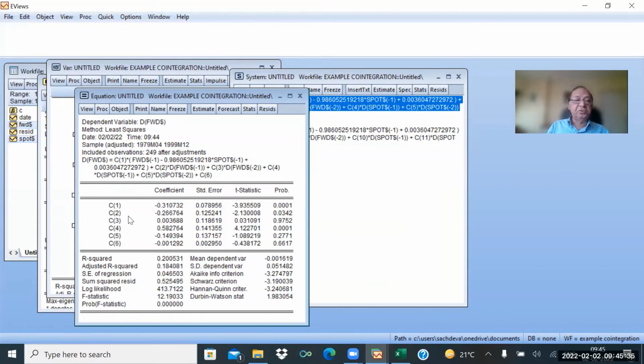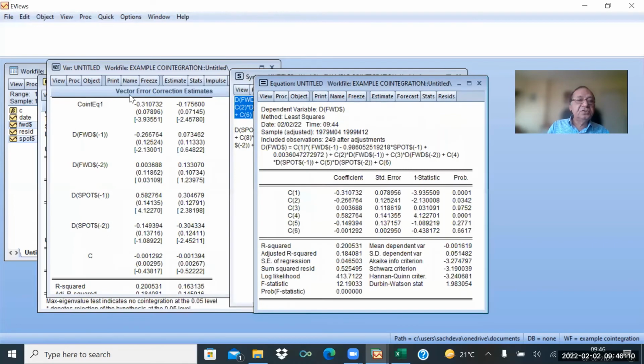C2, C3, C4, C5, C6 are basically your VECM, vector error correction terms. C2 is negative, and its probability is less than 0.05, so it is statistically significant. C3 is 0.003688, but the value is more than 0.05, so it is not statistically significant. What is C3?